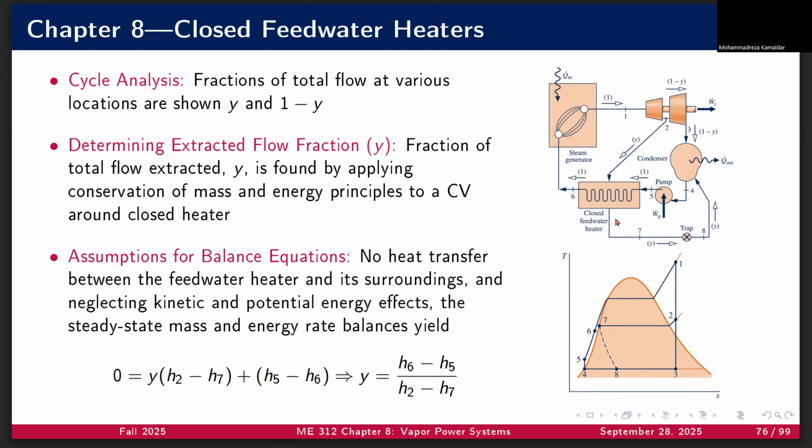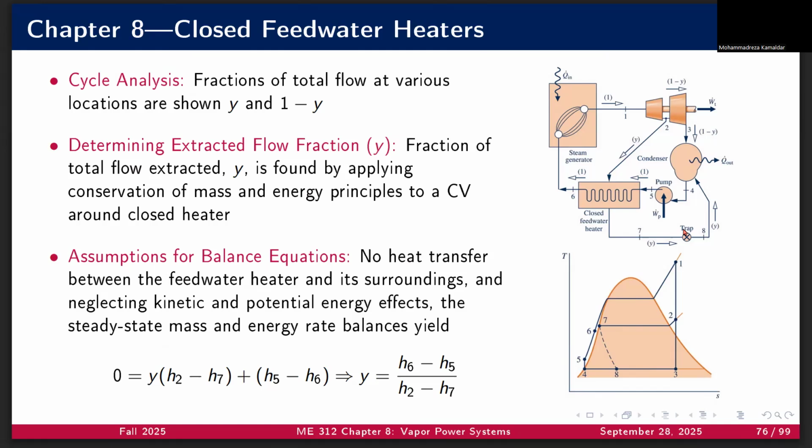The next crucial step is analyzing the system, basically to quantify the fractions of the total flow at various locations. So we have defined the total flow entering the turbine as 1 and the extracted fraction as Y, and the flow continuing to the condenser as 1 minus Y. So we must calculate this Y here to determine the work output and the heat input.